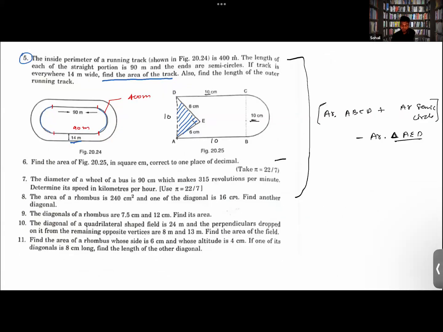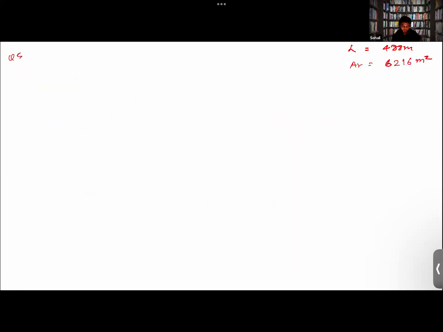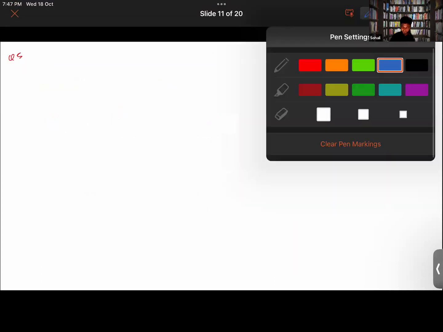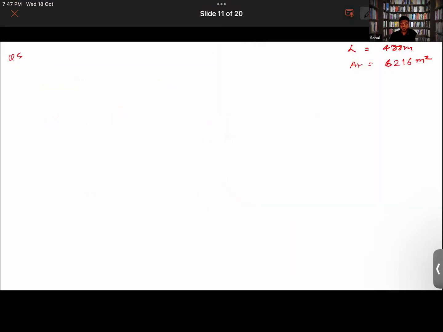It's quite easy over here. Look here. Is the question clear to all of you or not? Let me know that. In the question, the perimeter is given. Perimeter of the inner track is 400 meter, isn't it?